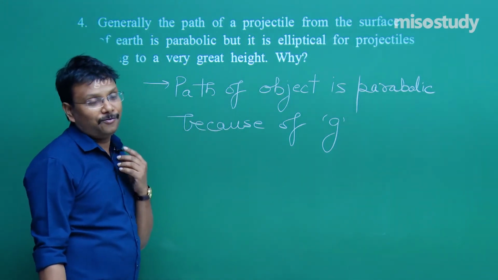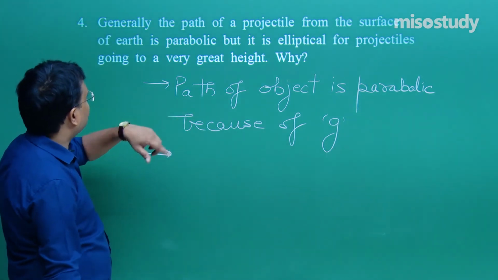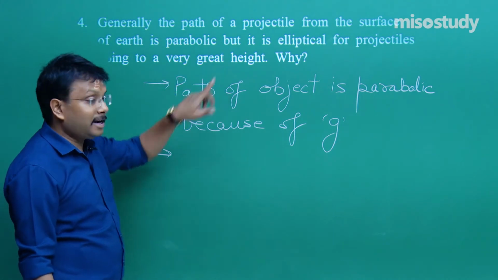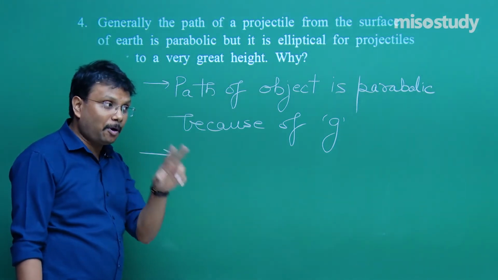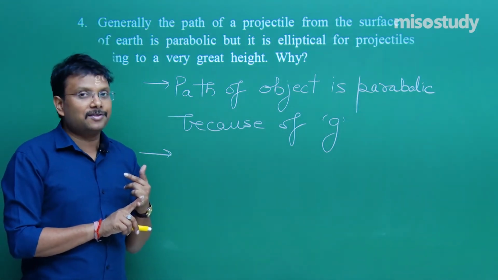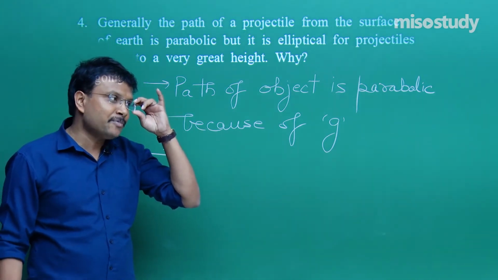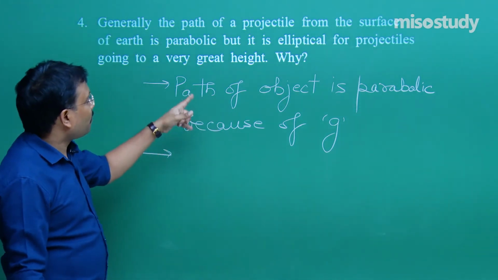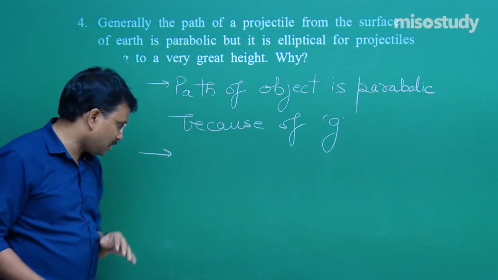Fine. Now let us come to the second point. Very great height. Try to recall the assumptions in projectile motion. I very properly explained. Number 1, height achieved should be small, there is no friction, something like that, these types of assumptions, or you can say initial conditions. So for very great height the value of g will start varying, okay.